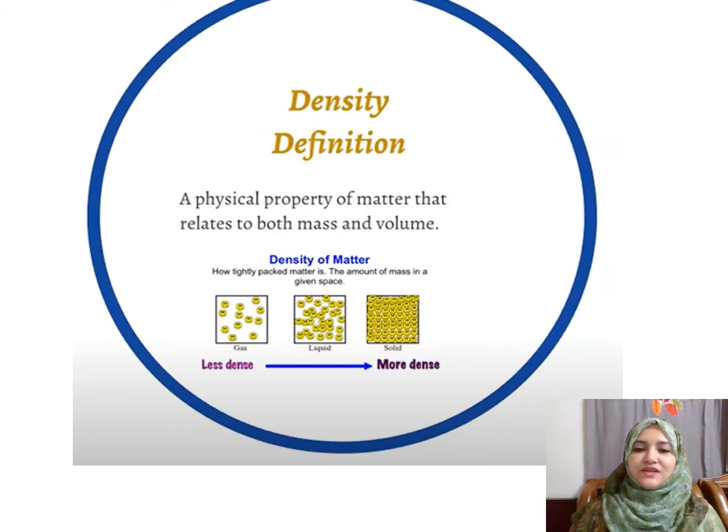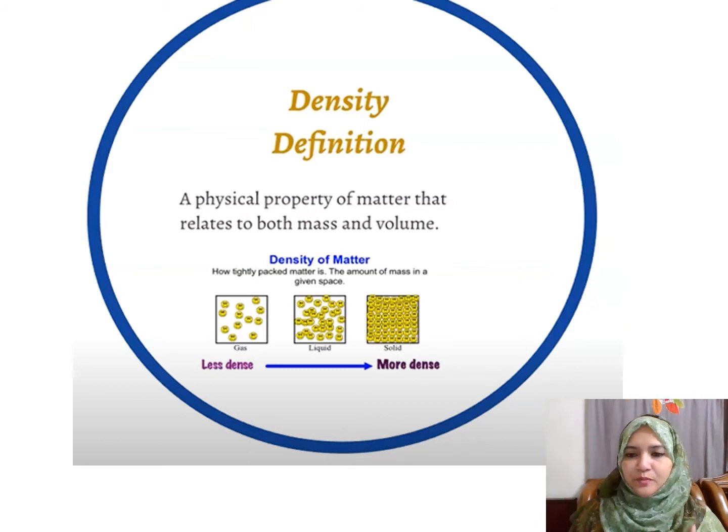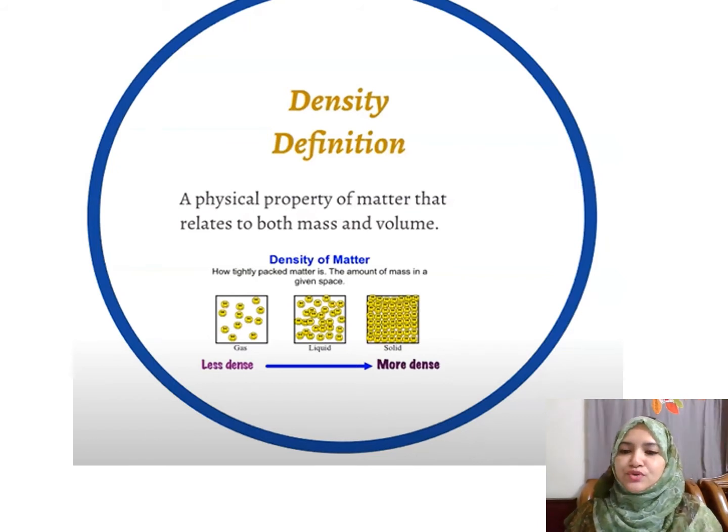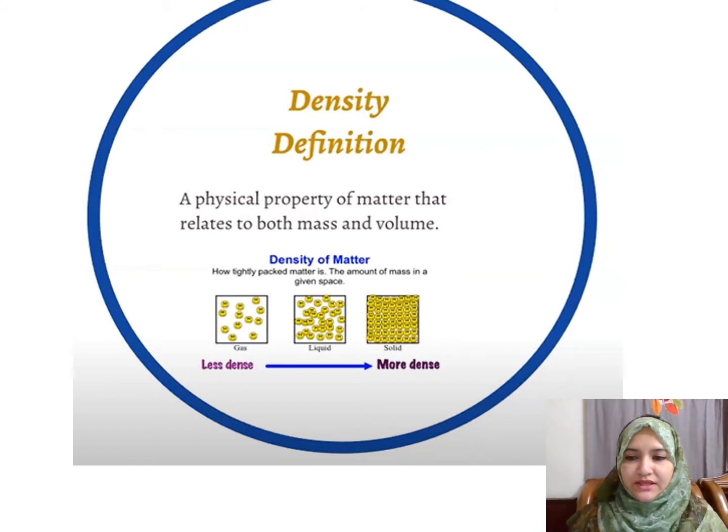And next is density, a very important term to define different matters. It is a physical property of matter that relates to both mass and volume, that is, how tightly packed the matter is. The amount of mass in a given space, that means in a given volume, is known as density.